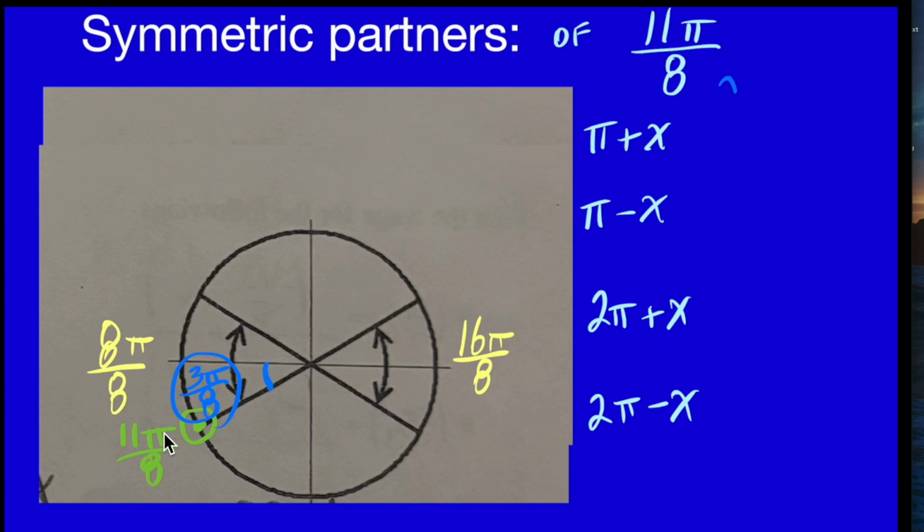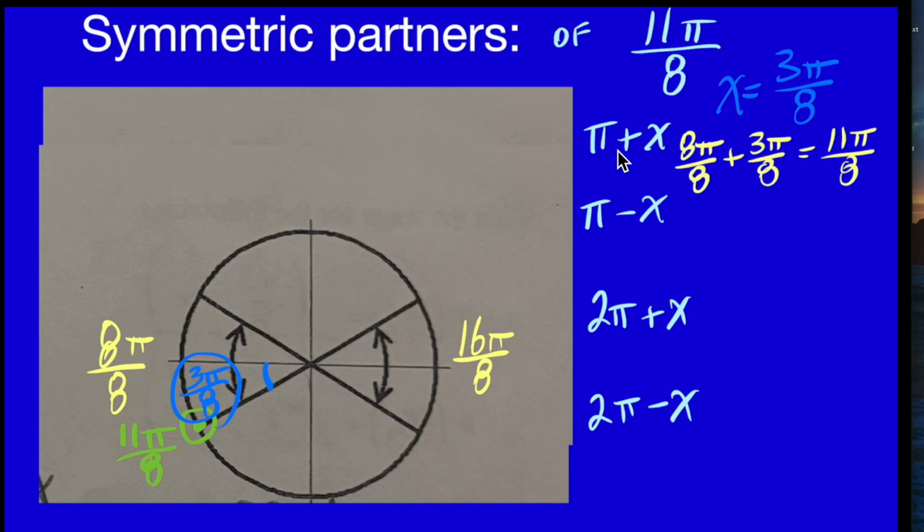Now that we know that our x value is going to equal 3 pi over 8 for each of these formulas, we can proceed. Let's do pi plus x. Pi in the world of 8s is 8 pi over 8. We're going to add 3 pi over 8, and we're going to get 11 pi over 8.